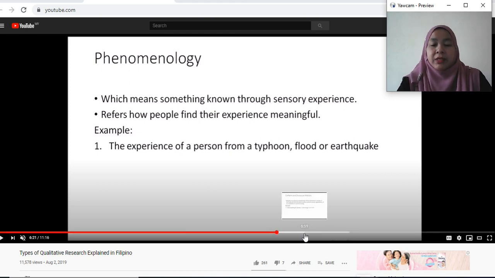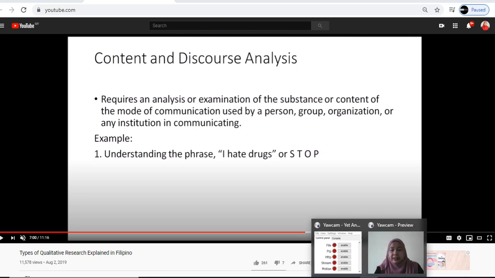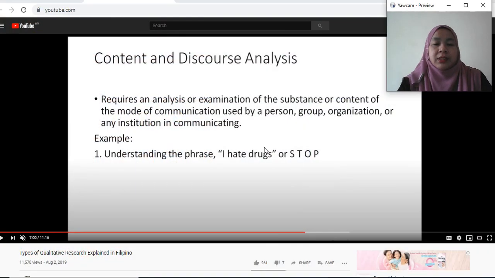Okay, and then next, we're related to content and discourse analysis. Content and discourse analysis requires examination of the substance or content of the mode of communication used by a person, group, organization, or any institution in communicating. So this is more like a document analysis.